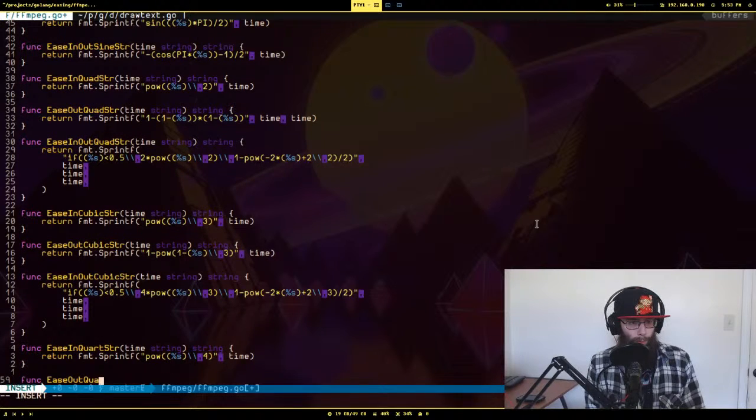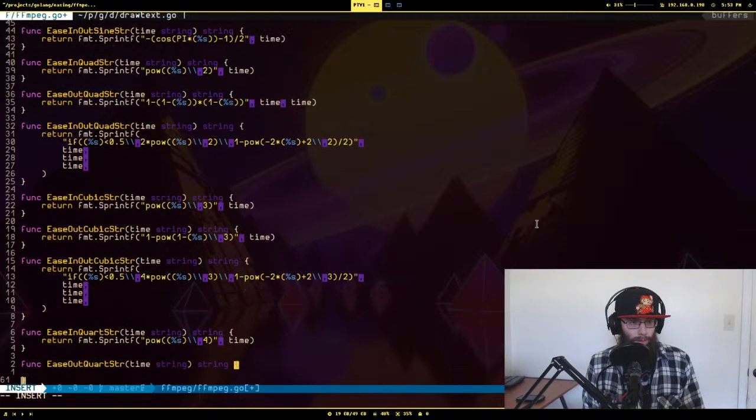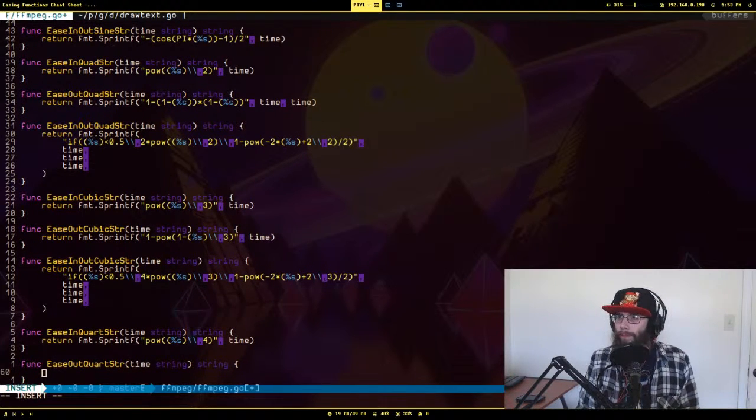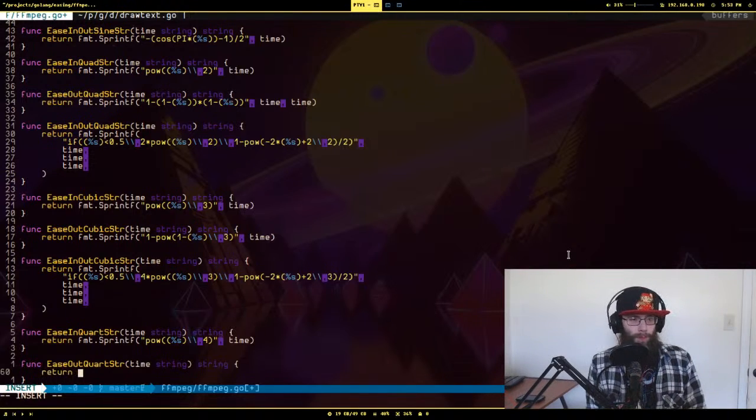Ease out quart. Return FMT as printf 1 minus pow, 1 minus %s, 4.